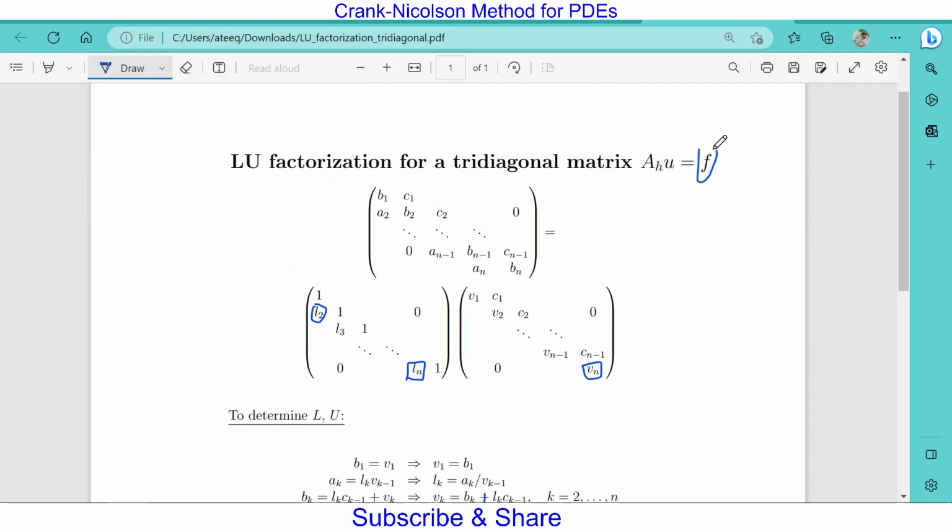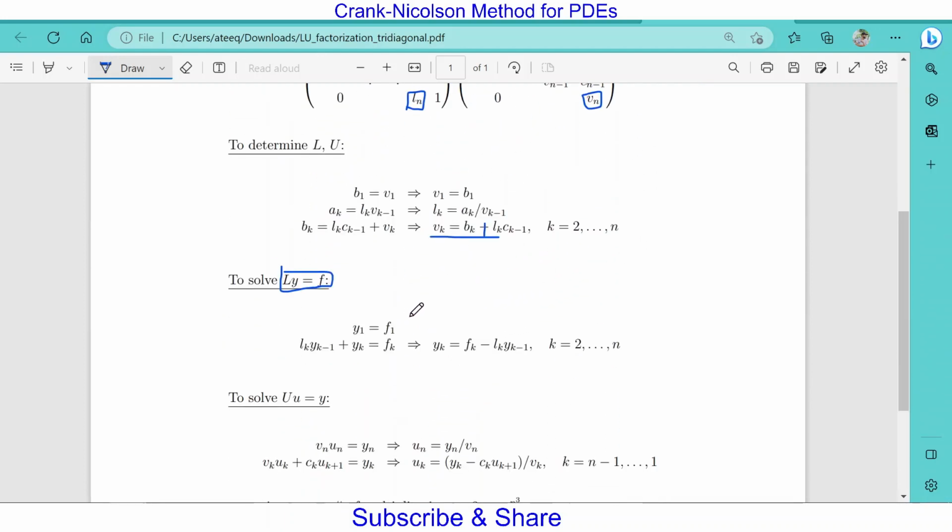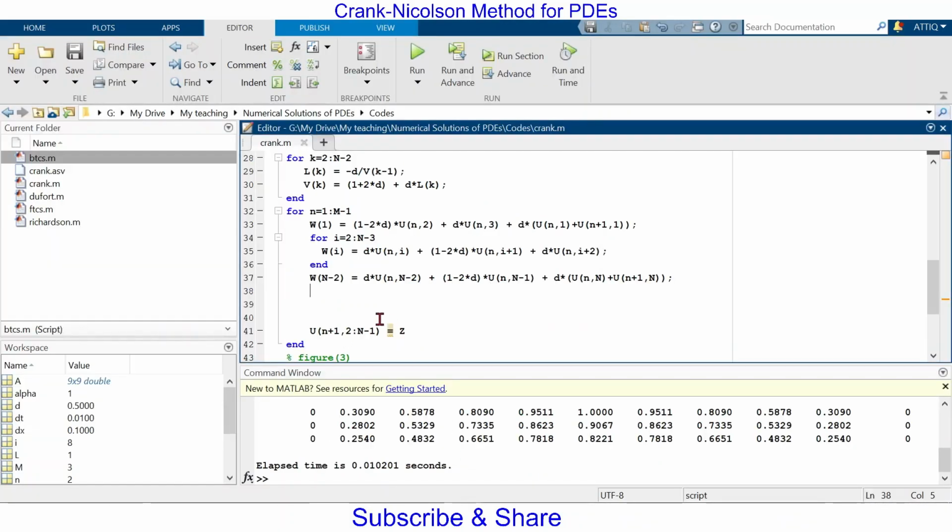The first value of Y will be the first value of the right hand side, which is W. I'm not defining the dimensions of Y, because in MATLAB we can work without defining the dimension of a matrix inside a loop. Y first value is basically W first value.